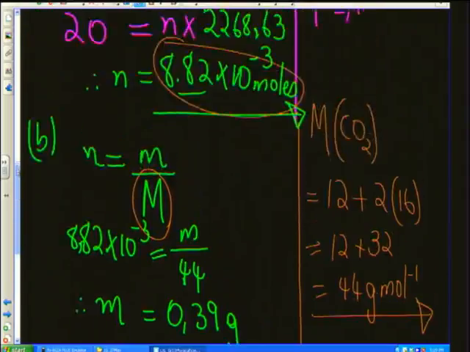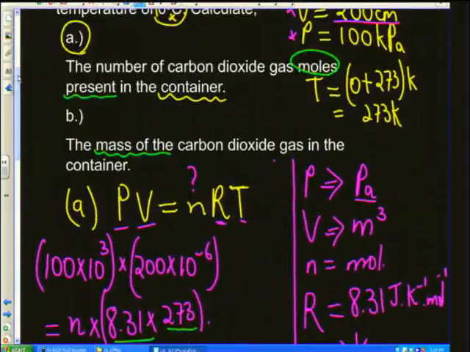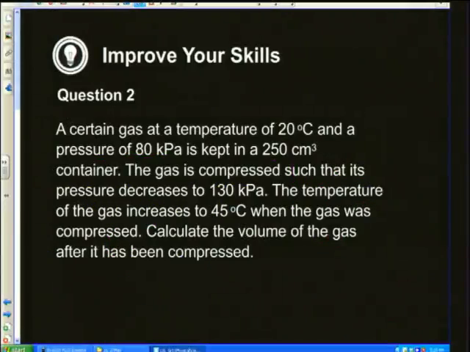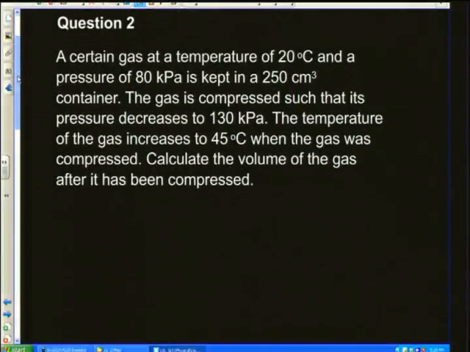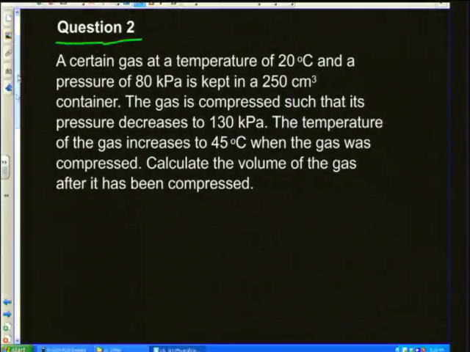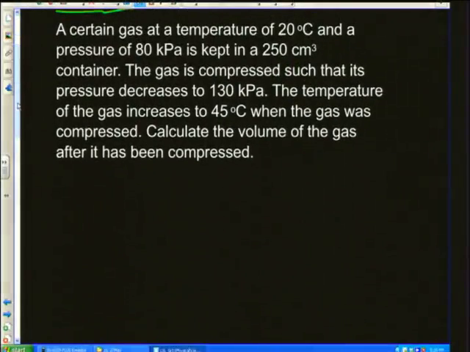Going back to the next question, question number 2. It says, a certain gas at a temperature of 20 degrees Celsius and a pressure of 80 kilopascals is kept in a container of 250 cubic centimeters. The gas is now compressed such that its pressure decreases.